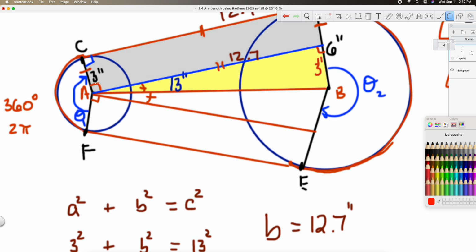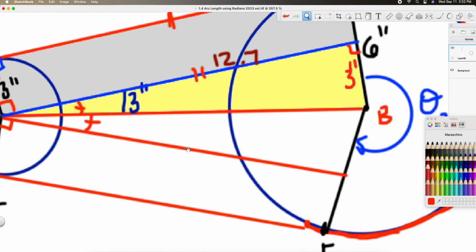If this is 90 and this is 90, that's 180, which is already a pi worth. 180 degrees equals pi. So I just need to find these two angles, or just one because they're both the same. And then I can find theta 1 by subtracting these angles from 2 pi.